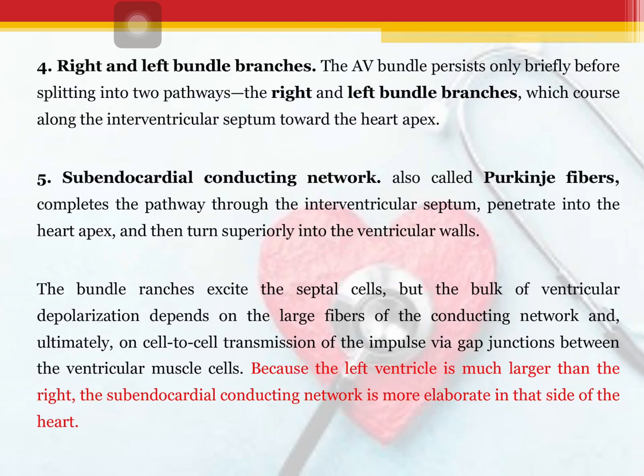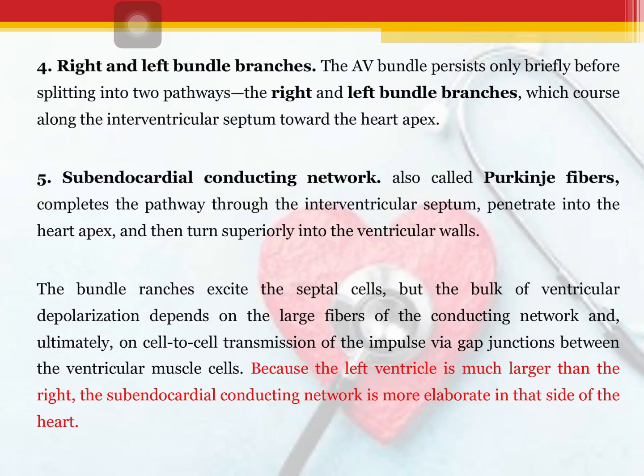The AV bundle persists only briefly because it splits into two pathways, the right and left bundle branches, which course along the interventricular septum towards the heart's apex. The subendocardial conducting network, also called Purkinje fibers, completes the pathway through the interventricular septum, penetrates into the heart's apex, and then turns superiorly into the ventricular walls.